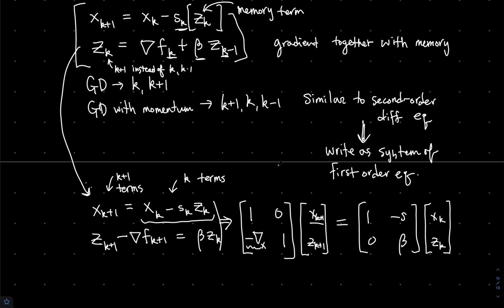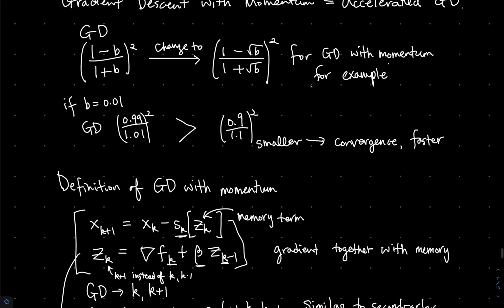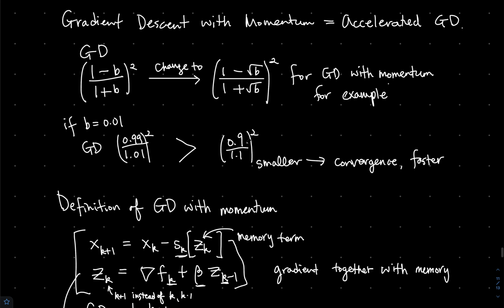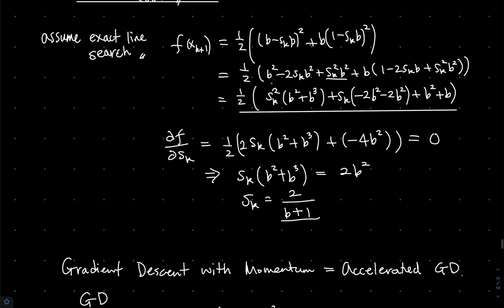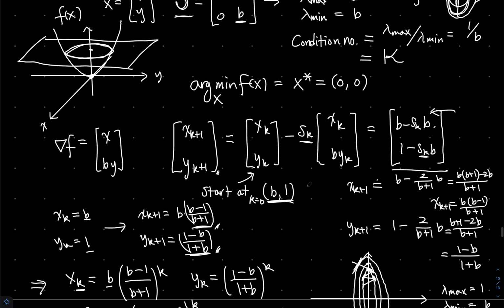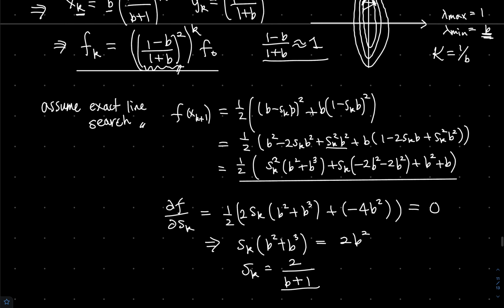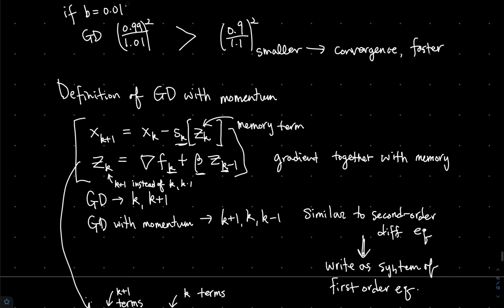Now, you should remember that we're still examining this example function, and we're replacing the gradient descent with the accelerated gradient descent.